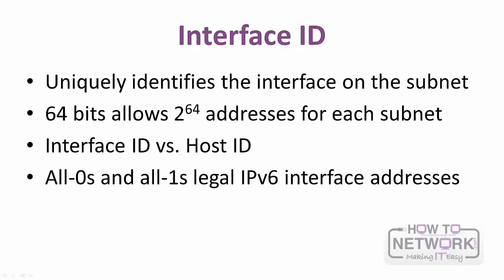Another important difference between the IPv6 and IPv4 addresses is that the all zeros and all ones addresses are legal IPv6 interface addresses. In IPv4, all zeros in the host portion of the address are reserved for the network or subnet address, while all ones indicate a broadcast address.